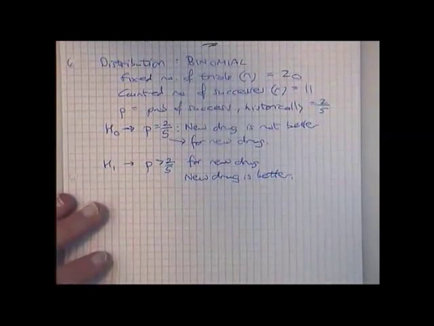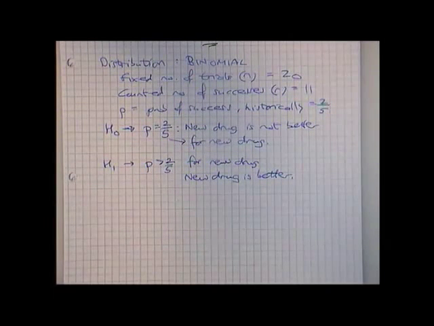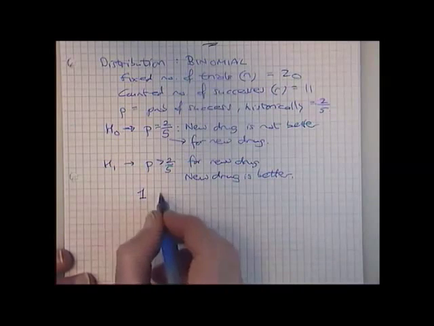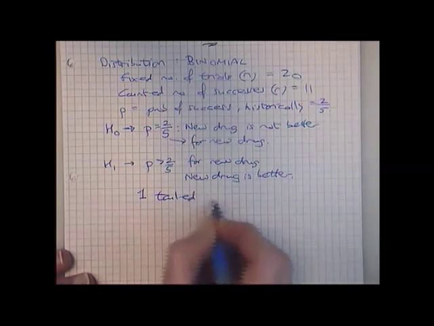So what do we usually write down at this stage? Whether it's a one or two-tailed test, and because that's a greater than sign, this will be a one-tailed test.